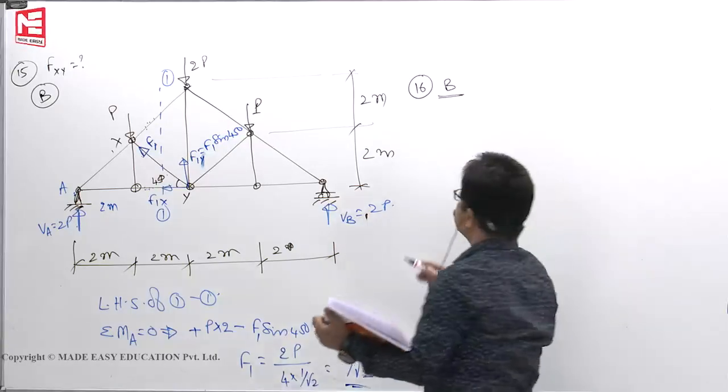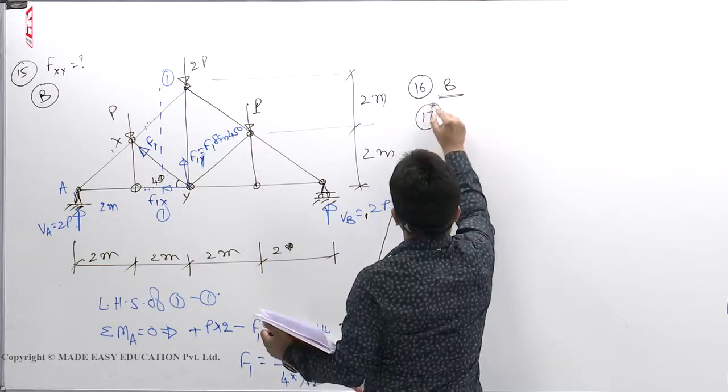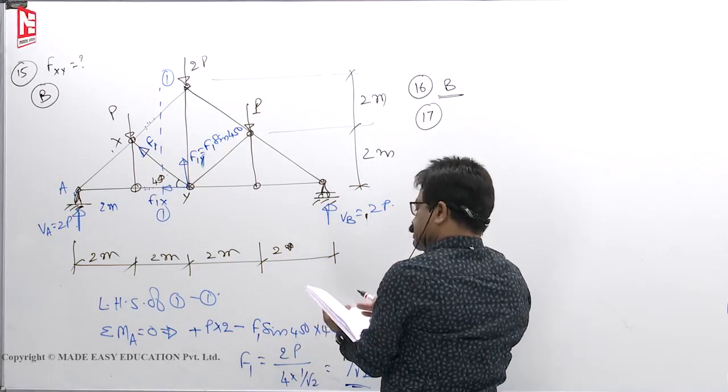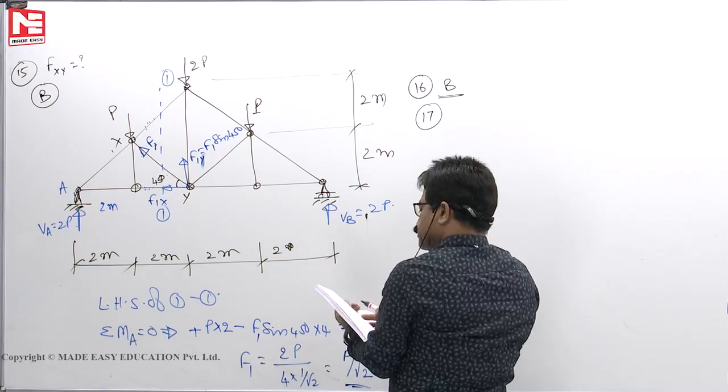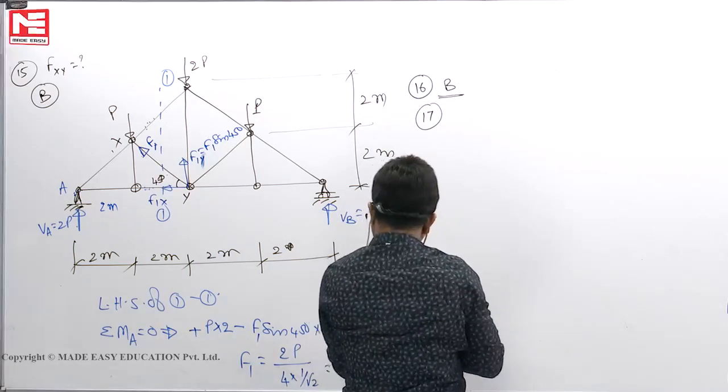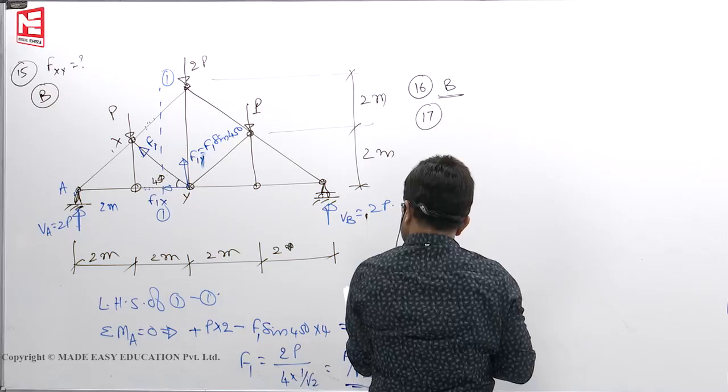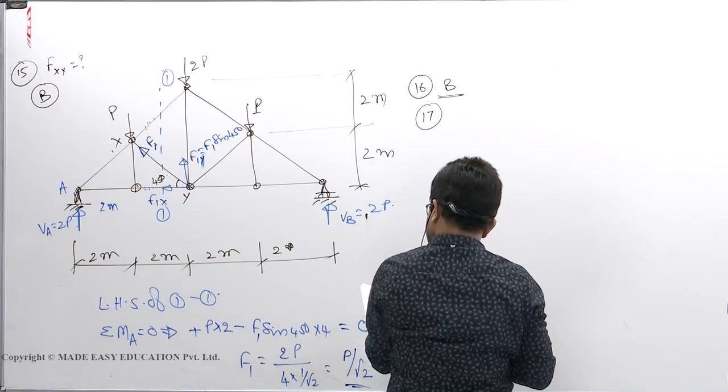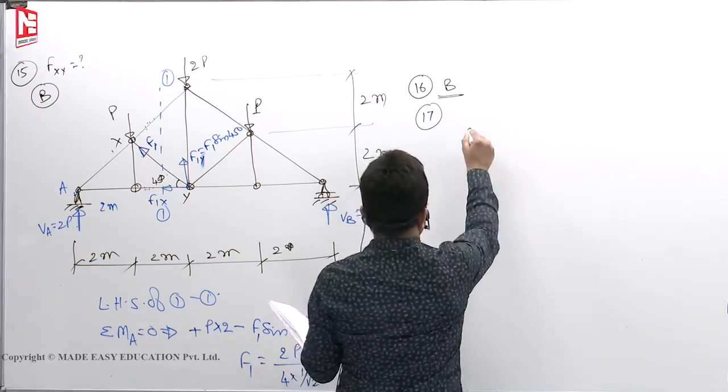Next, 17. A pin-jointed truss loaded as shown in figure. Okay, now we have to find what are the forces.